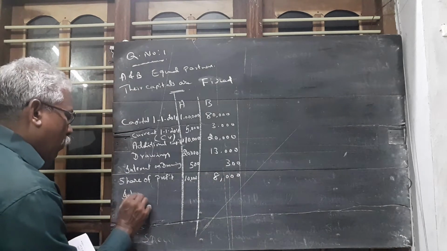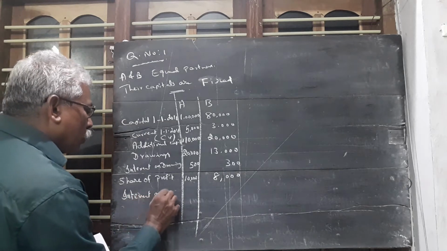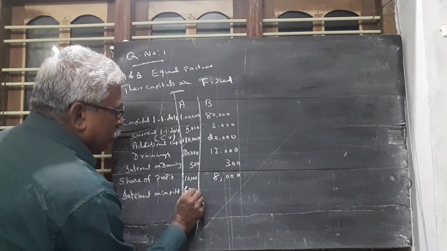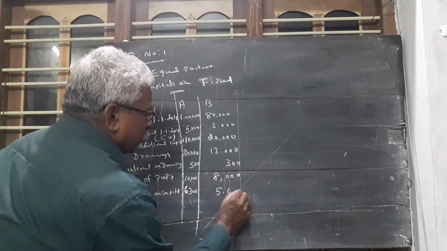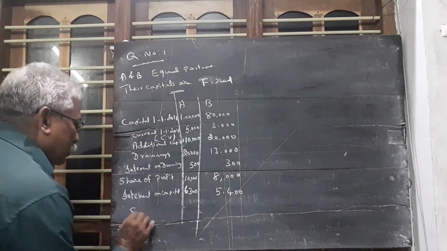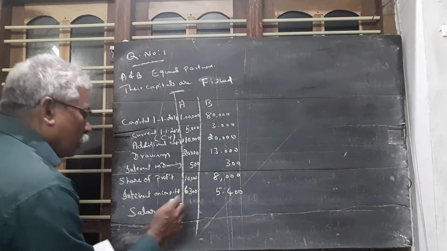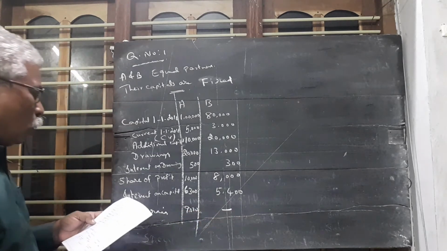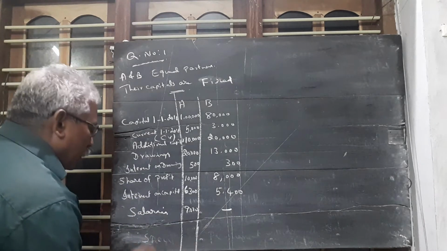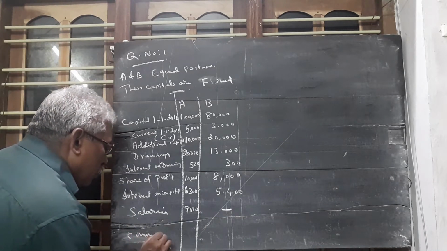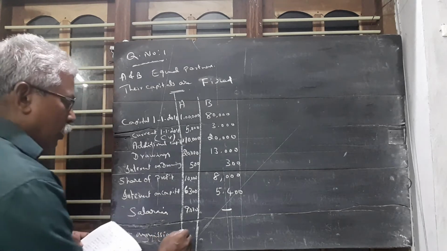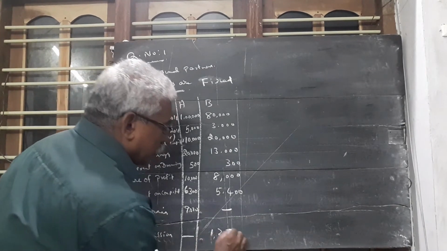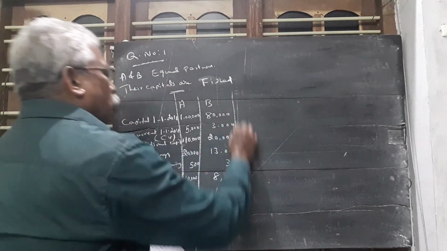Interest on capital, 6,300 and 5,400. Then salaries, 9,000 rupees for A; B has no salaries. Then one more information, commission. A has no commission. B's commission is 1,200. These are all the information given in the question.